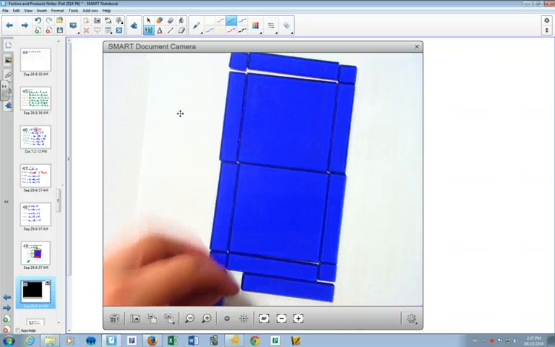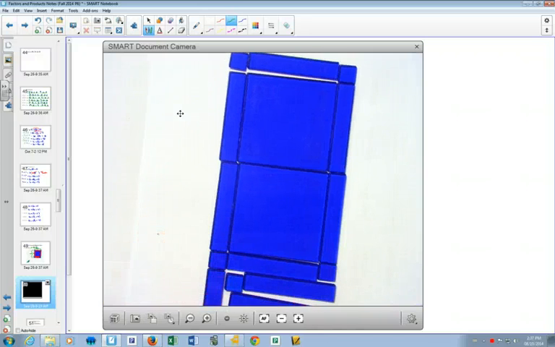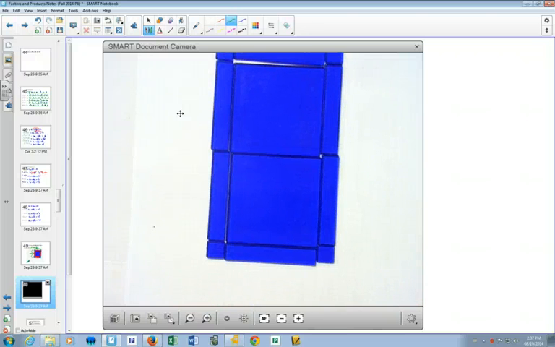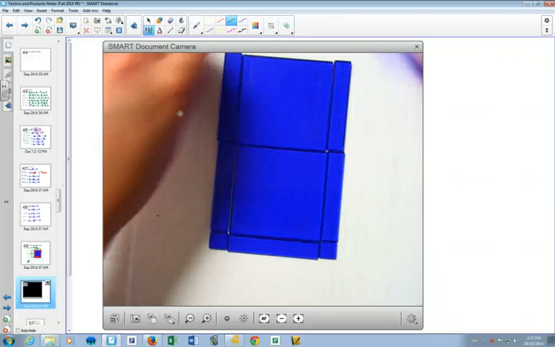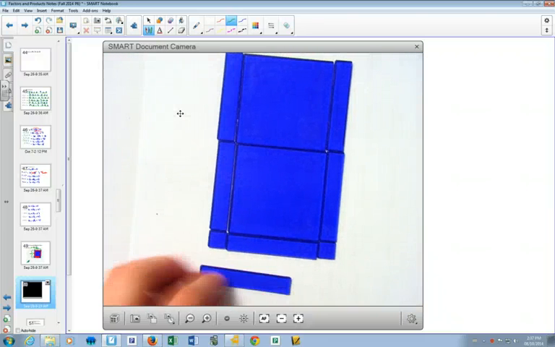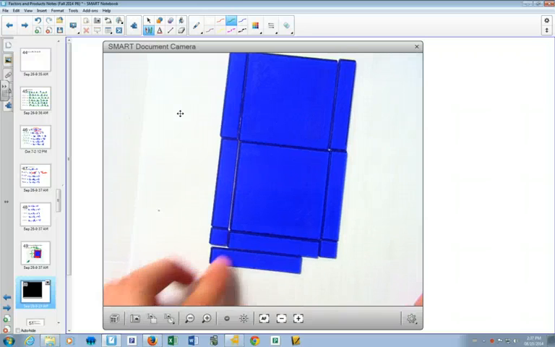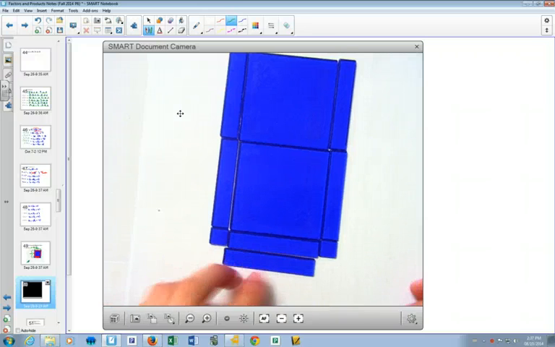Line that one up with the other x. You need 2 more 1s there.